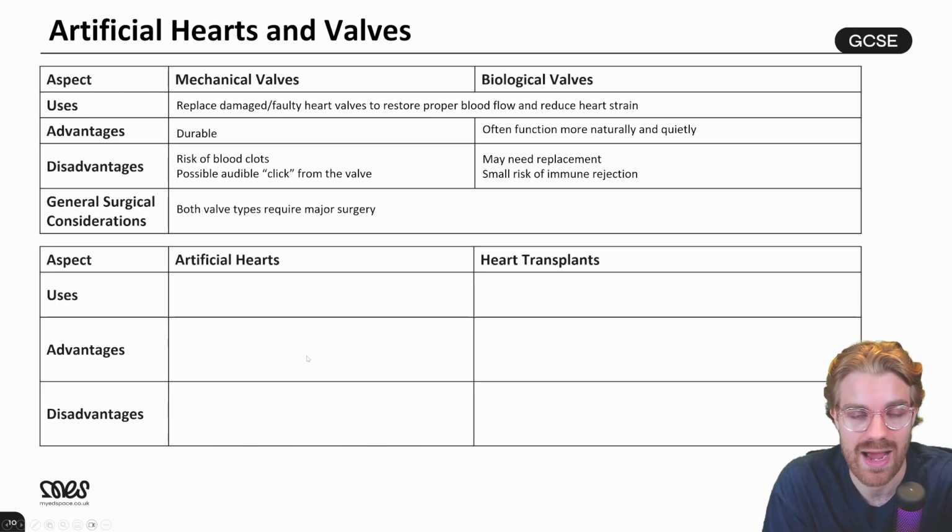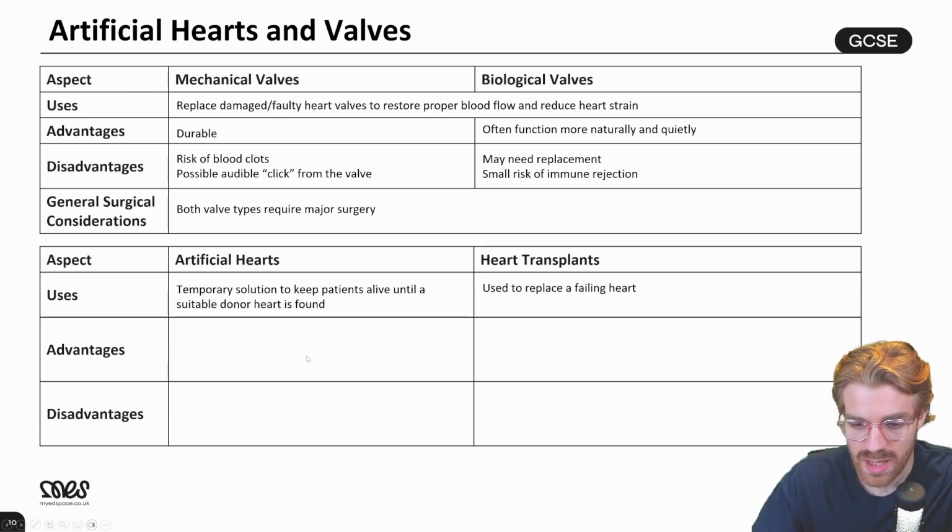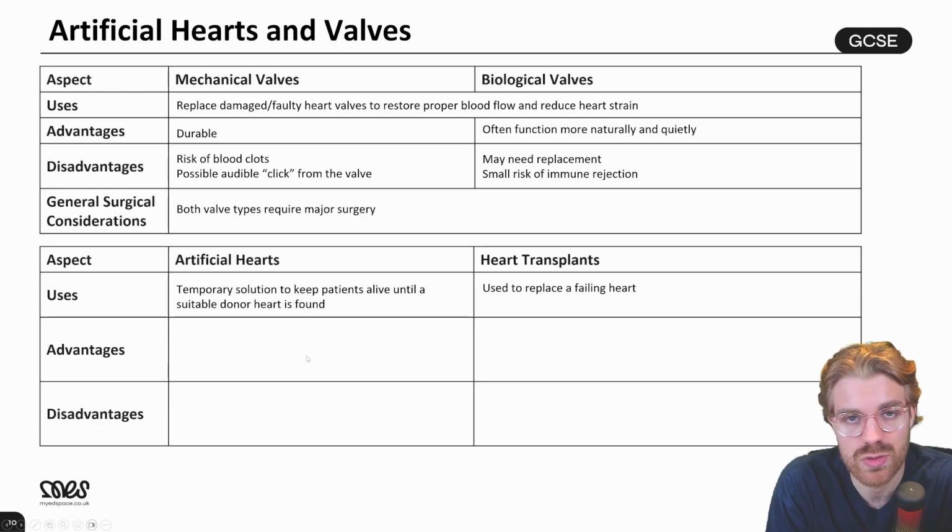We also have our different hearts, so an artificial heart or an entire heart transplant. Now, an artificial heart might be used as a temporary solution to keep patients alive until a suitable donor heart is found. Quite often the person would be attached to a machine that would pump the blood around their body.